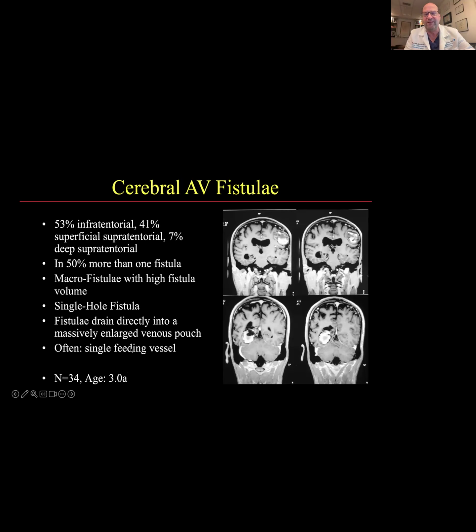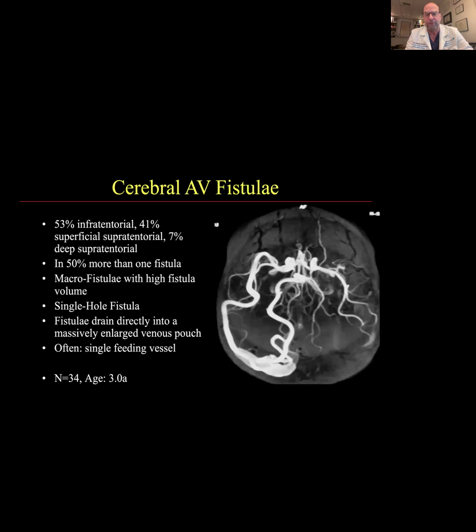And on MR, we can see very nicely this abnormal vessel that is hugely dilated simply because the veins have normally a low pressure, and now this high pressure is pumping blood constantly into a structure that is only accustomed to a low pressure, and therefore this vessel dilates and can at one point in time rupture.